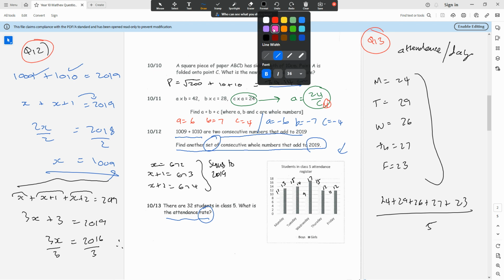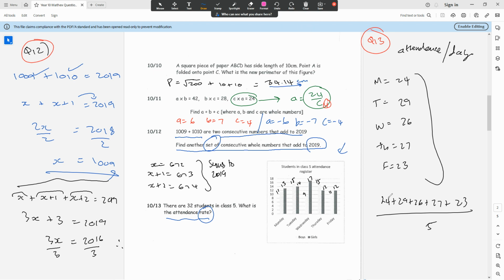Let's do this without a calculator for the fun of it. 4 plus 9 is 13 plus 6 is 19 plus 7 is 26 plus 3. 26 plus 3 is 29. And then we got 20, 20, 20, 20, 20, which is 100. So we got 129 over 5, and that's going to be the attendance rate.